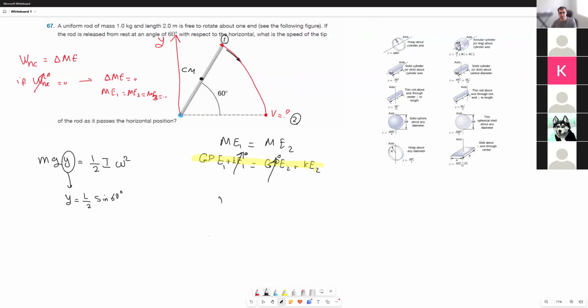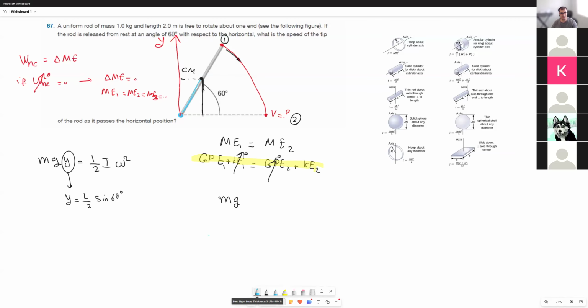Gravitational potential energy is going to be equal to mg multiplied by the height of the center of mass, right? What is the height of the center of mass? No, that's your question, Parmod. You tell me yourself. This height is how much? Half of the length.